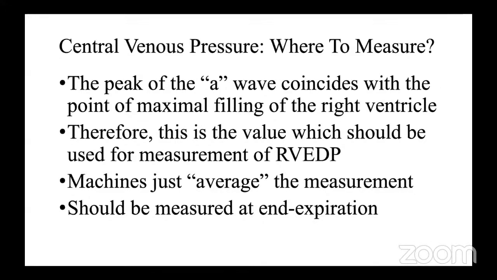The other question is, assuming that the central venous pressure actually reflects the volume status of the patient, if there are inaccuracies of measurement, then we will be led astray, and therefore we must be sure where to measure the central venous pressure.